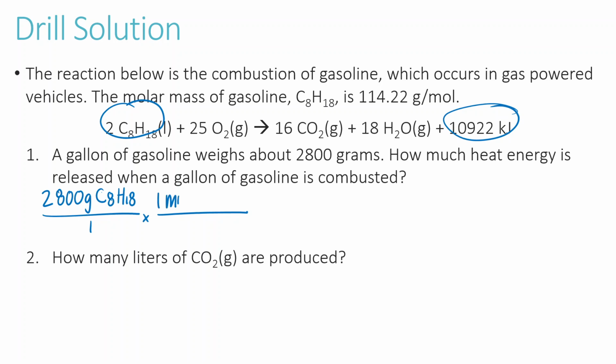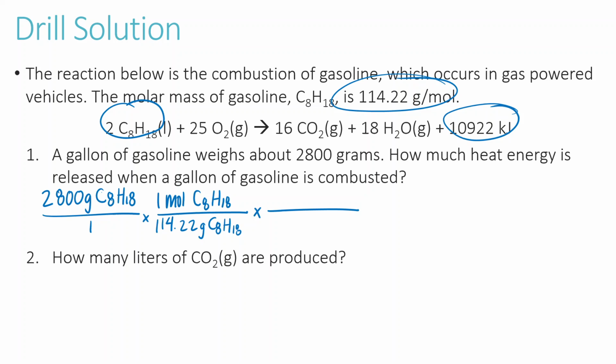So 1 mole of gasoline, the molar mass was given to you. So that's 114.22 grams. So this will tell us how many moles of gasoline we have. Now we're going to use the equation to get from moles of gas to heat.